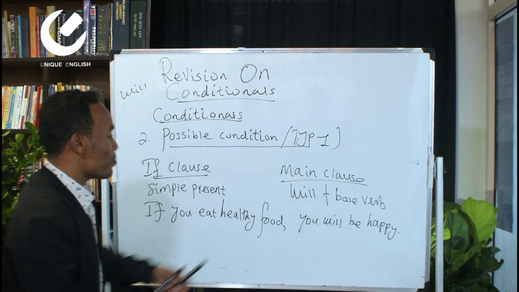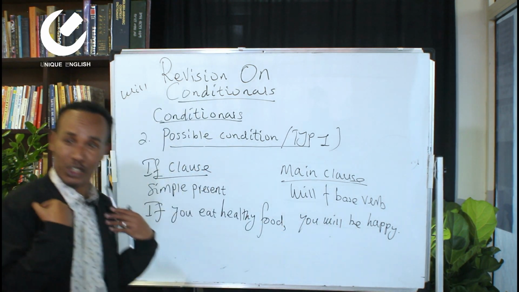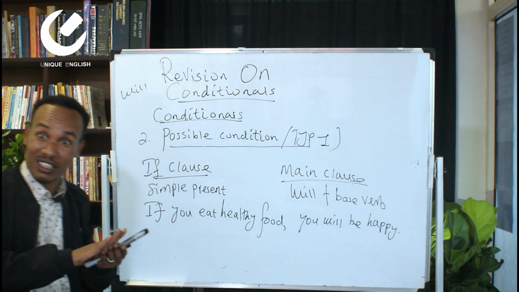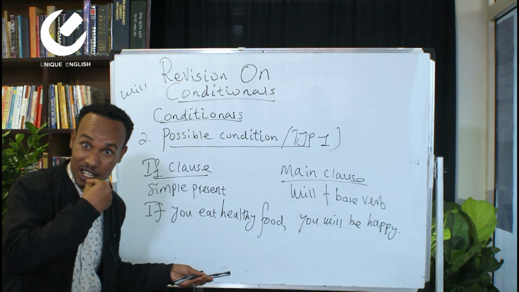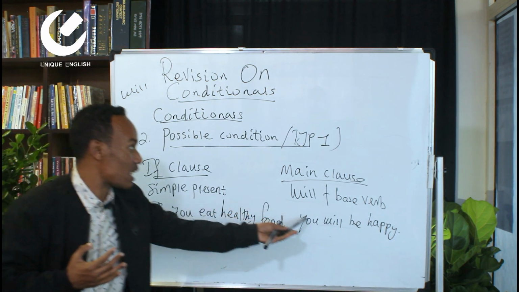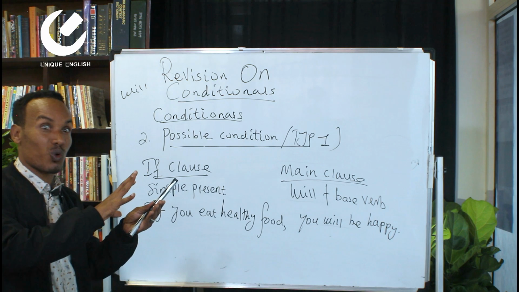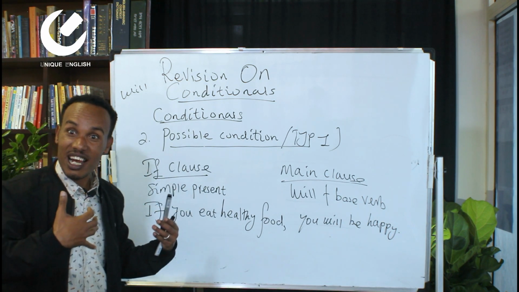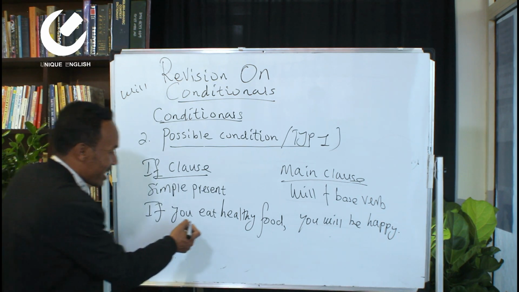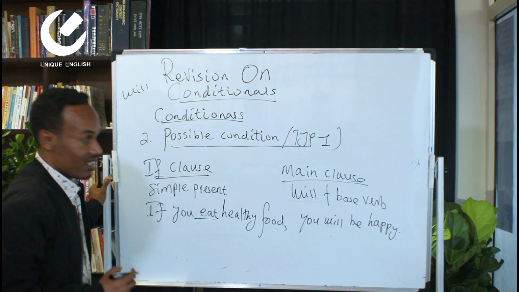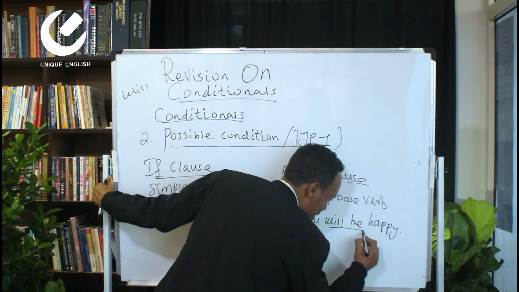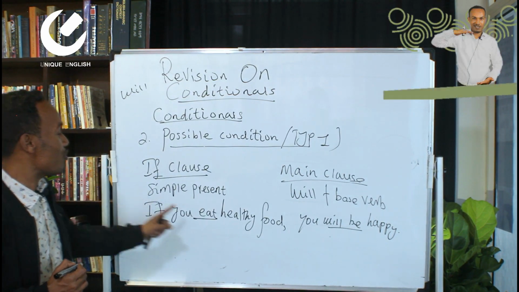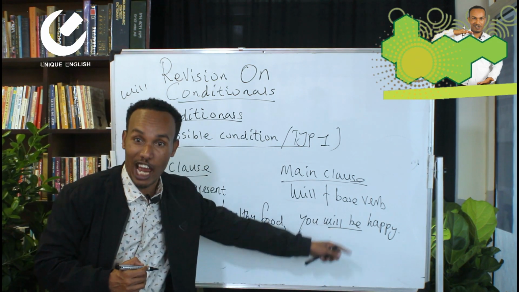To be happy, there is some condition, isn't there? What's that condition? Eating healthy food. Very good. Simple present tense here, and there is will with the base verb. So if you eat healthy food, you'll be happy, right?